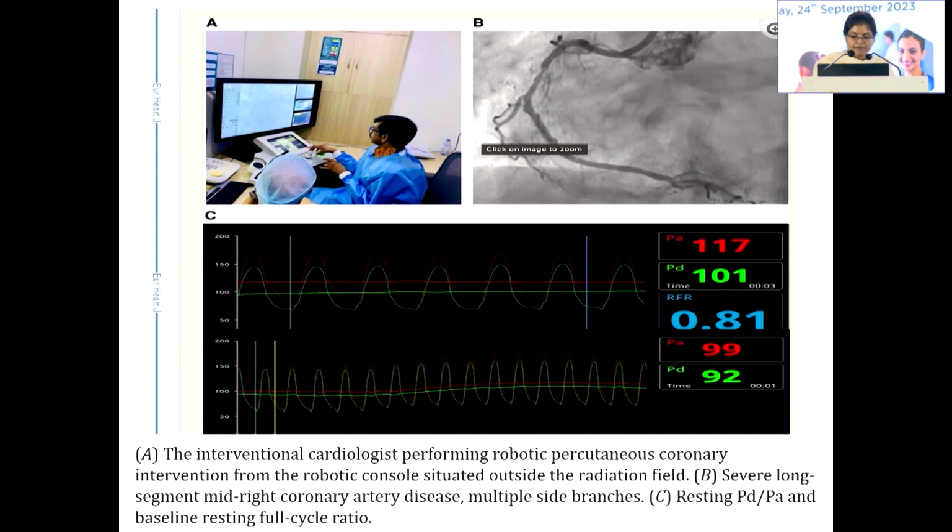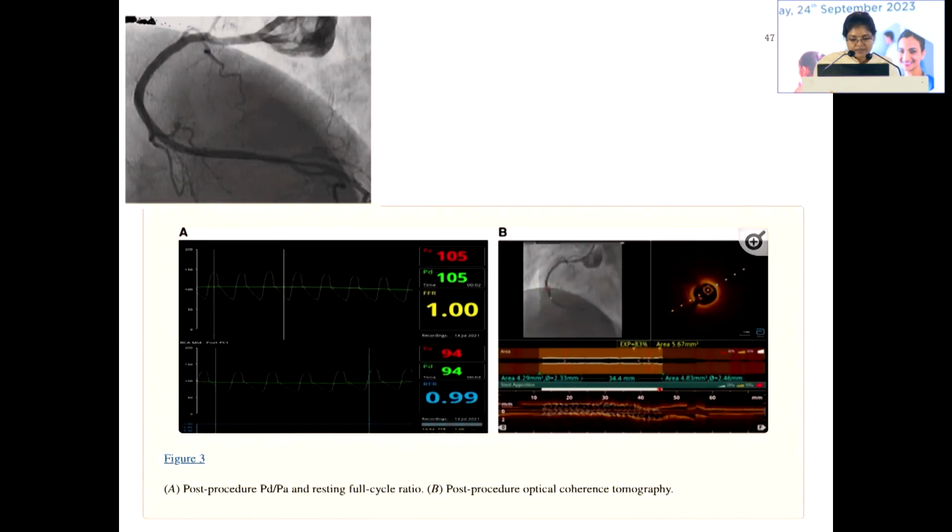So here we have a mid-RCA lesion. Physiologic significance is estimated by calculating RFR and FFR. And then PCI was done. This is the OCT which was done manually, showing a good result.